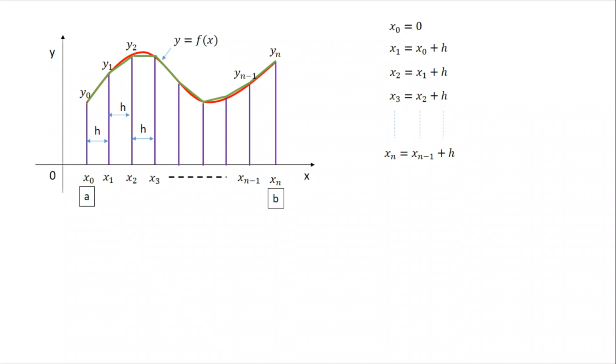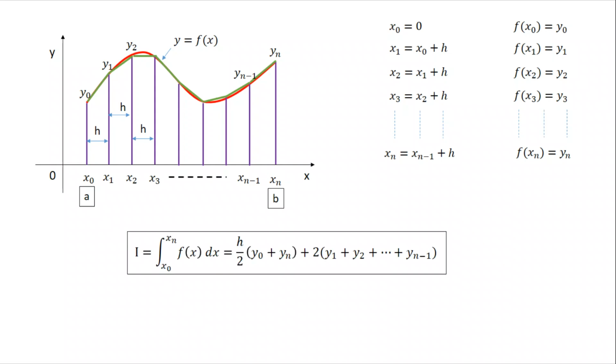In this way, for the nth point or end point, xn is equals to xn minus 1 plus h. Similarly, for the y coordinates on the curve, f of x0 is nothing but y0, f of x1 is y1, f of x2 is equals to y2, f of x3 is equals to y3, up to the nth point or end point, f of xn is equals to yn.